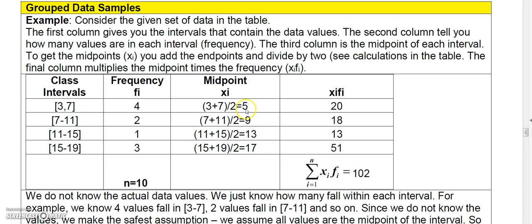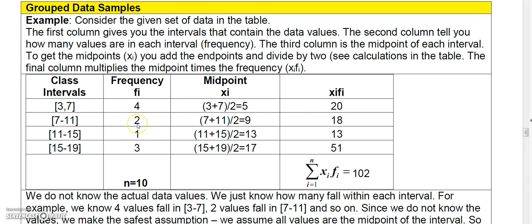Basically, since we don't actually know what values are in this interval, we're just going to assume that we have 4 of these values, 4 5s. And so what we do is we take that x value and we multiply it by its frequency to get the sum of those 4 values. So 4 5s would give me 20.